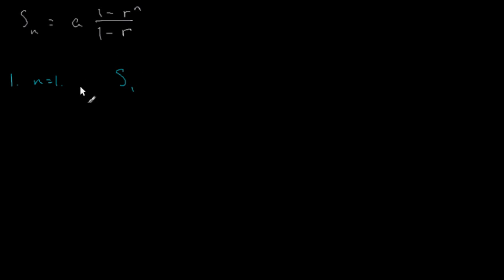S1, for n equals to 1, is a(1 minus r to the power 1) over 1 minus r. So 1 minus r over 1 minus r is 1. They cancel. So a is all we have. So S1 equals to a. So that's what we need to prove.